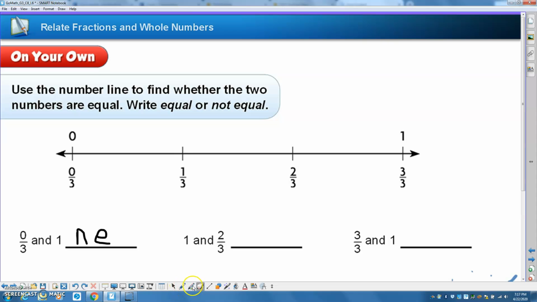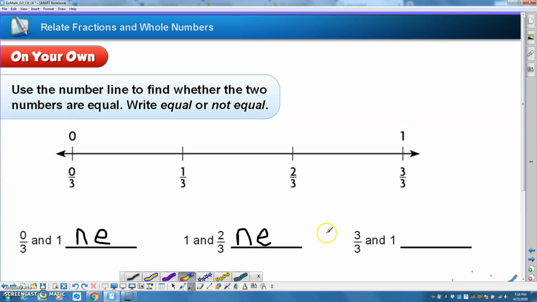So let's see. We have one whole. They want to know one whole. We're going to put a point there. And 2/3. Do they share the same point? They sure do not. So we're going to put not equal. Now let me get rid of those points. And let's do our last one.